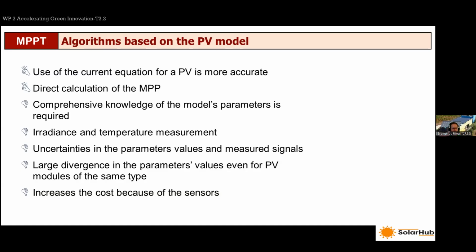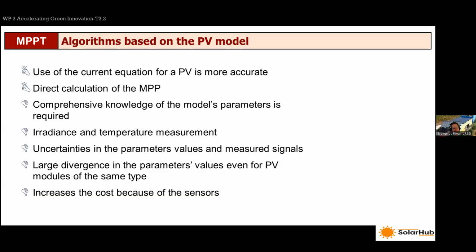But this means that one has to know the exact parameters of the photovoltaic system and to have accurate measurements of the radiance and the temperature. Otherwise, it's not possible to use this formula to calculate the MPP.